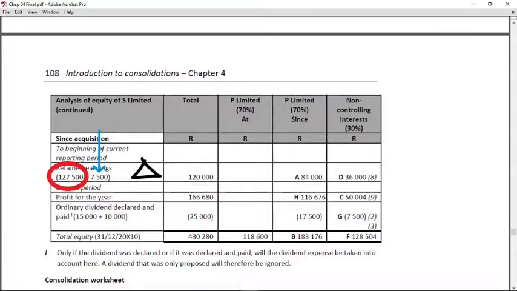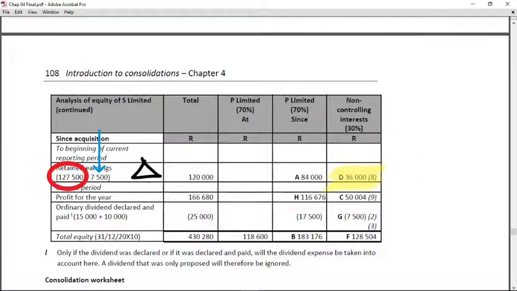This discussion sounds familiar because I've already spoken about this when we did the journal entry where we attributed a part of the opening retained earnings of the subsidiary to the non-controlling interests. That was journal 8 where we wrote a consolidation journal entry for that 36,000 Rand. So immediately you can now gather from this that you can use your analysis of equity to write all your since-acquisition-date journal entries where we measure NCI.